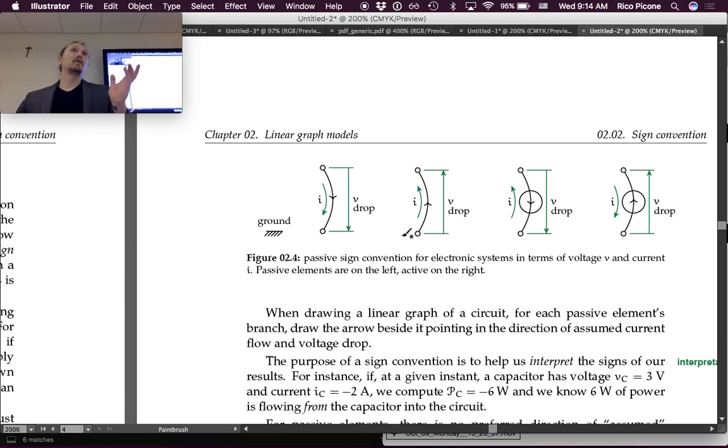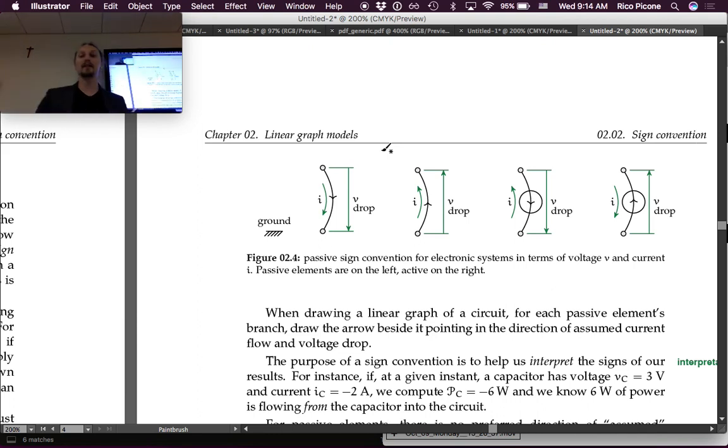That's fine, as long as we also make the current flow assumed in the same direction. And those are both in the same direction as the arrow, and we actually typically just denote this with the direction of the arrow. We don't draw the green arrows on here typically. We just use the arrow that's already on the branch. Okay?